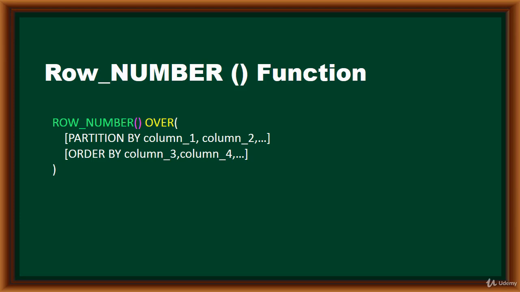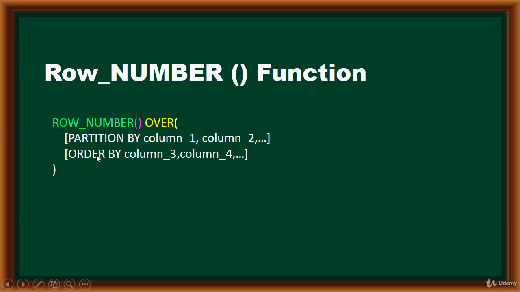If you don't specify the partition by clause, the row number for each partition will start with 1 and increment by 1. Because the partition by clause is optional to the row number function, you can omit it, and the row number function will then treat the whole window as one single partition.